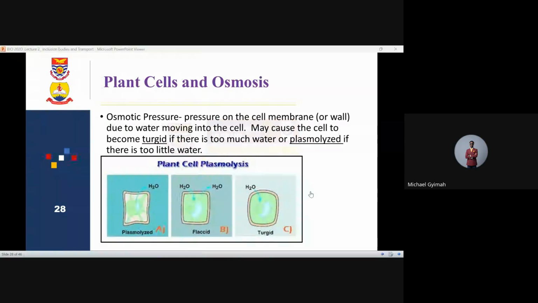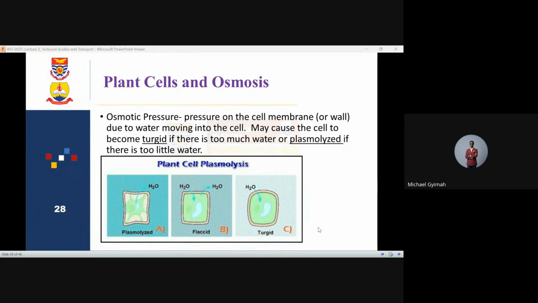Okay, sir. So when you place a plant cell into a hypotonic solution, because the solute concentration is lower than that of the solvent, this one won't cause any shrinkage, but rather the solution will increase. Which solution? So the plant is acting as a solute, and what do you call it?